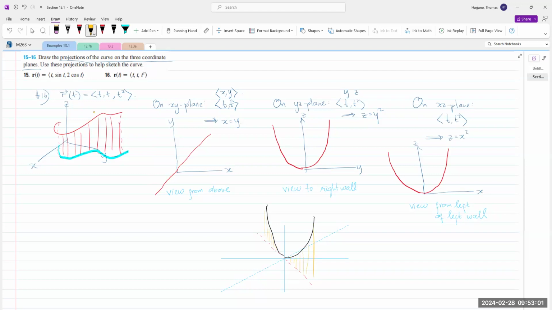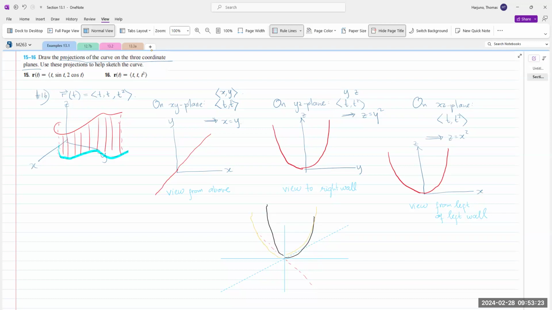To which, if I try to do the shadowing to the right wall, it will look like this. Okay, where it actually looks like that.